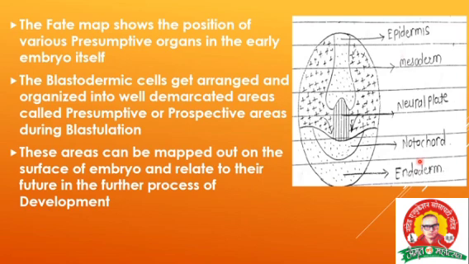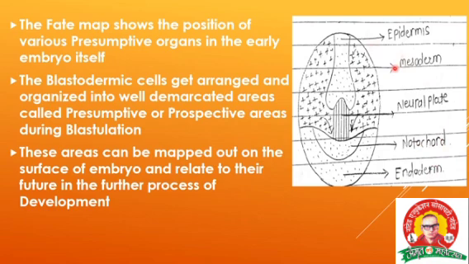The map shows the presumptive ectoderm. Presumptive ectoderm means this one. Then mesoderm. Then, from the development point of view, mesoderm, notochord, and neural plate, notochord, endoderm.